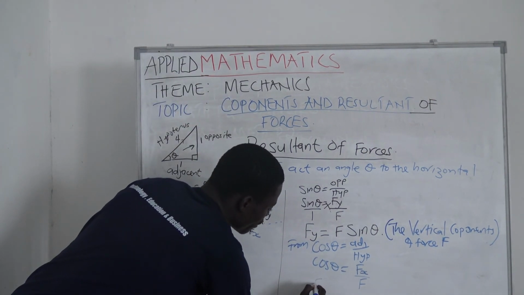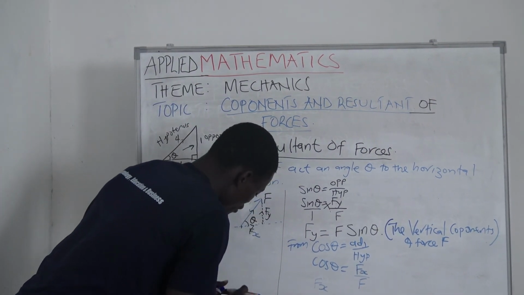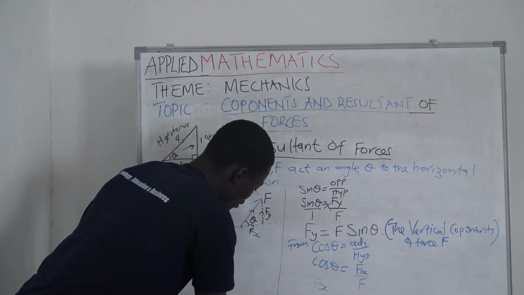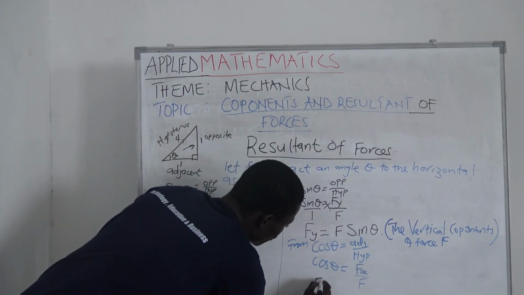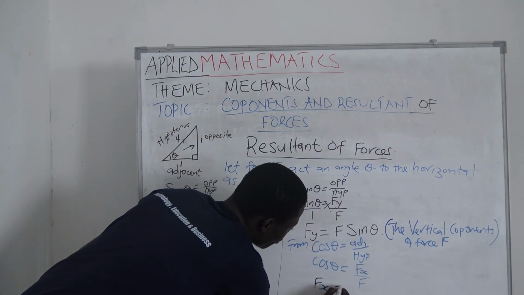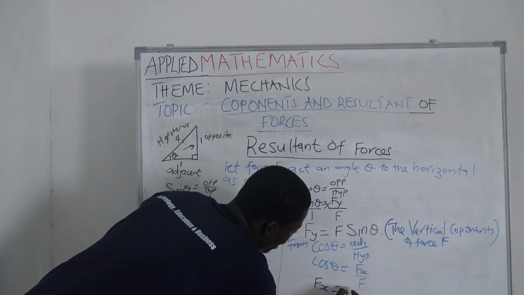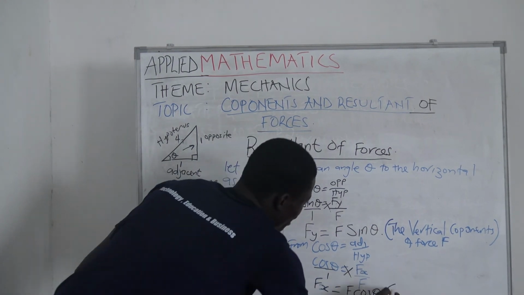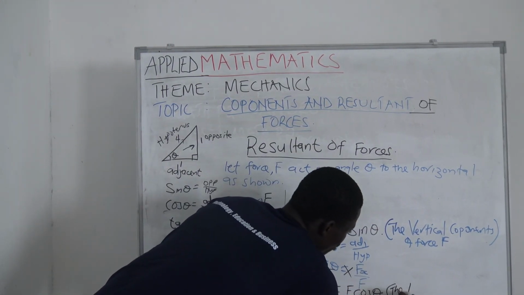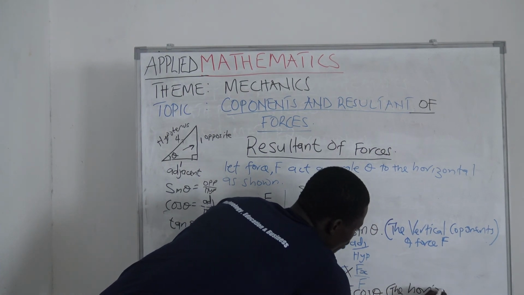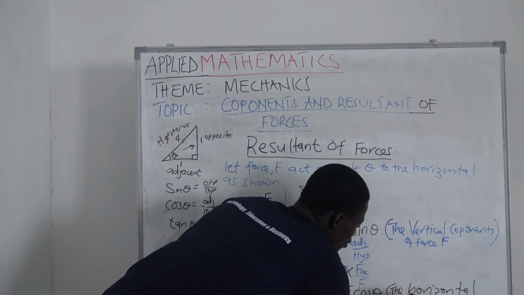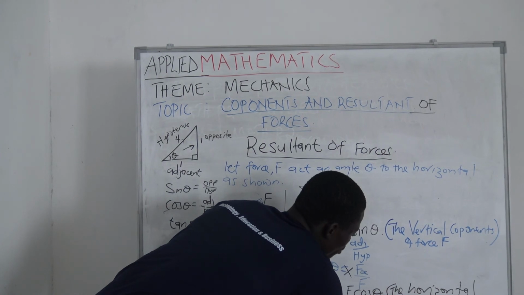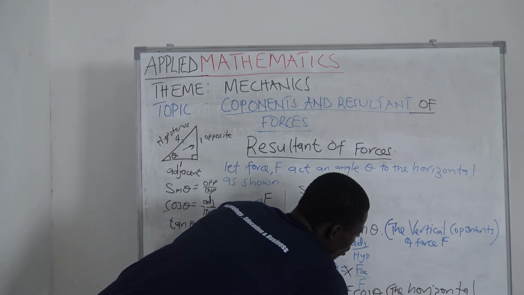So our force Fx becomes F, this one is out of 1, multiplied by cos theta. So this is how we calculate the horizontal component of force.